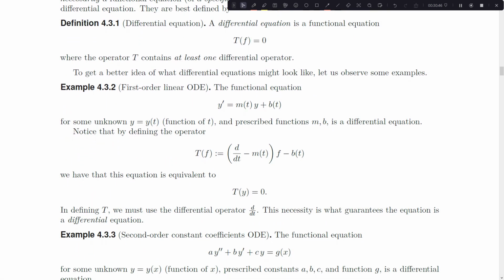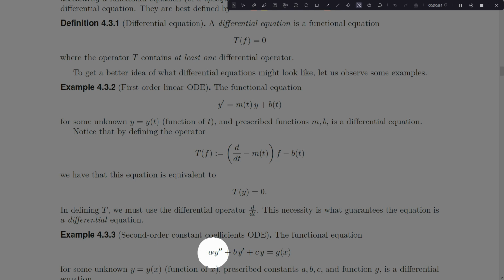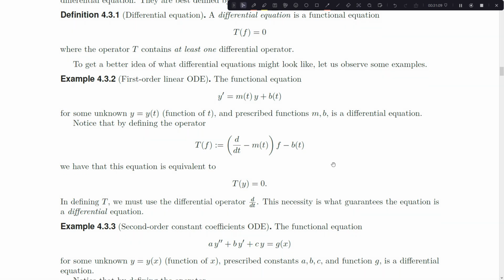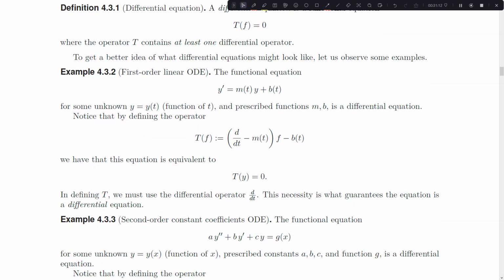I'm now presenting a second order constant coefficients ODE. In particular, we're just calling this second order because we have two derivatives. We're not going to worry too much about it. I'm just trying to describe that this particular functional equation, which contains two derivatives on y, one derivative on y, 0 on y, for some unknown y function of x, and prescribed constants a, b, and c, as well as a function g of x, is a differential equation by the same idea.